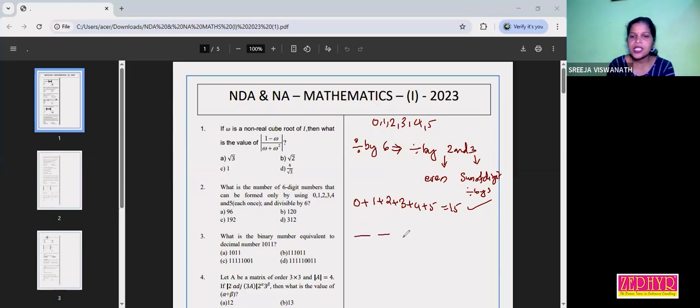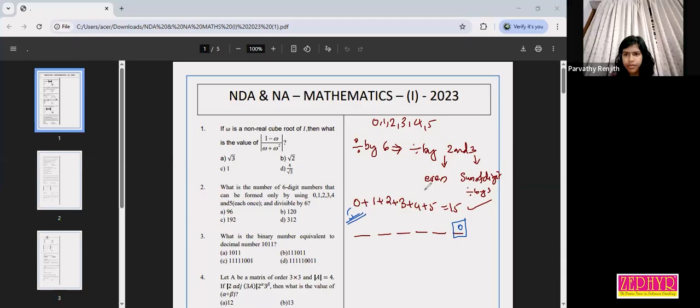listen, first we can consider the case that 0 is in the end position. Listen carefully. First case, when 0 is in the end position, how many ways are there? 120, right.